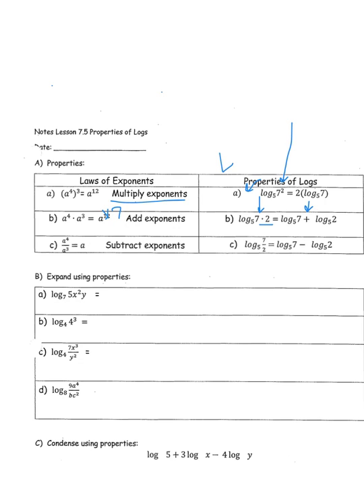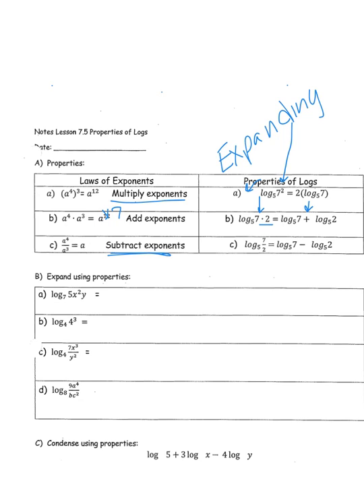What we're doing to these when we use the properties, we're expanding using the properties of logs. Now go back to the subtraction of exponents. So if you look, when we divide like bases, we subtract the exponents. So 4 minus 3 gives me a to the first power.